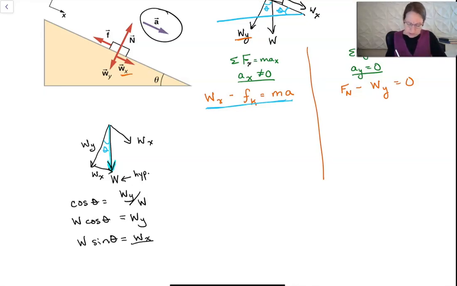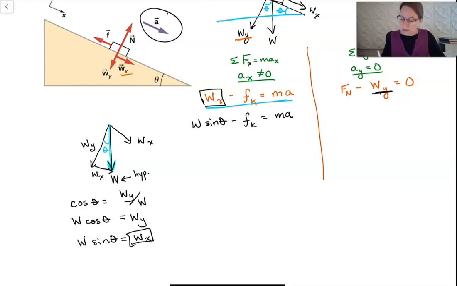So I'm going to plug this in right here, and that'll give me w sine theta minus the kinetic friction is equal to ma. Then I'm going to plug this in over here, although it doesn't look like I need that right now, but we'll come back to it: the normal force minus w cosine theta is equal to 0.